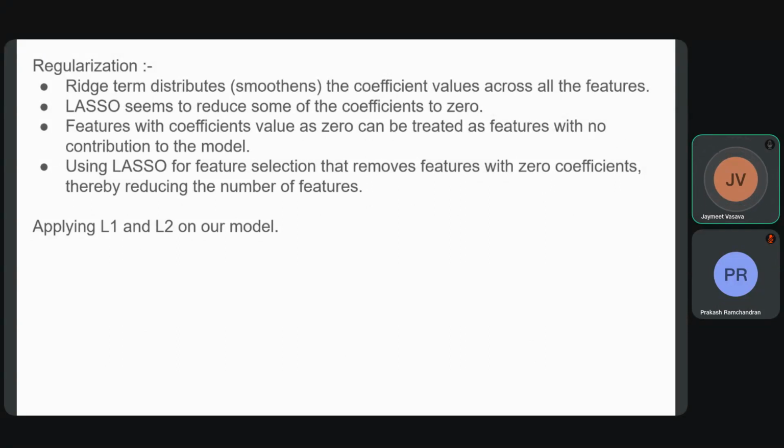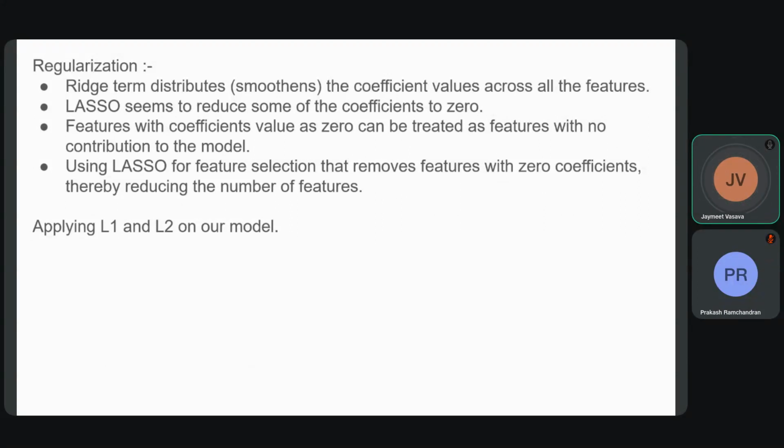Basically, if coefficients are zero, they are least significant and can be removed, which reduces the number of features the model has to work with, and therefore Lasso also works as a feature selection technique.